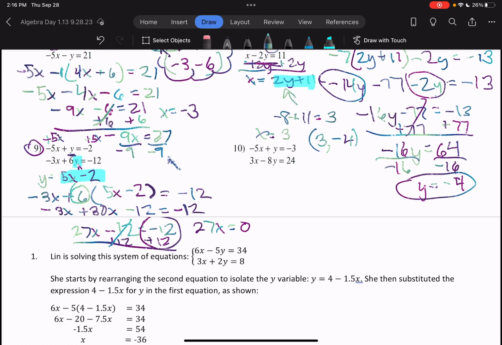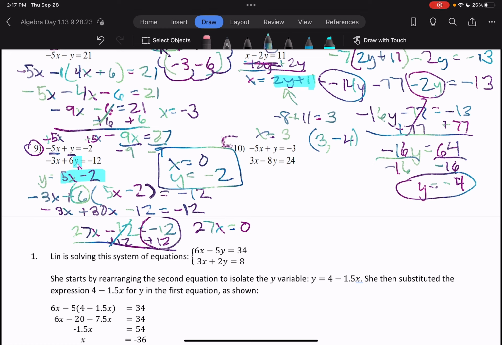So that means that x equals 0. If I plug that back in here, that means we would have 0 plus y equals negative 2. So that means y equals negative 2. All right, and you can test that out, make sure it works in both equations, and you'll see that it does. If it's helpful for you on your paper, use a highlighter.